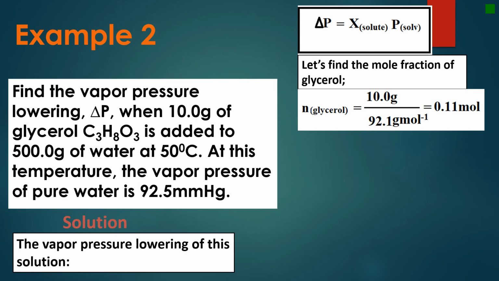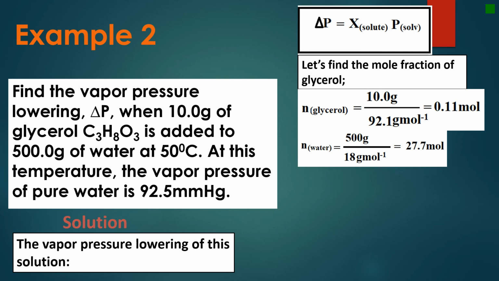The number of moles of glycerol is equal to 10 grams of glycerol over the molar mass, which is 92.1 grams per mole for glycerol, and then we get 0.11 mole. The number of moles of water is equal to 500 grams over 18 grams per mole, that's the molar mass of water, and then we get 27.7 moles of water.